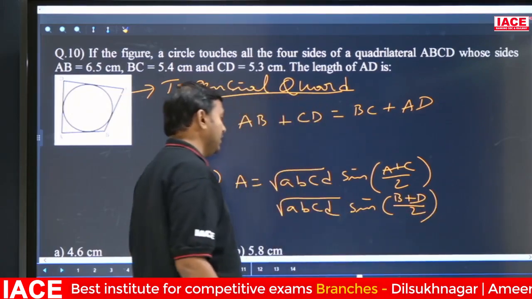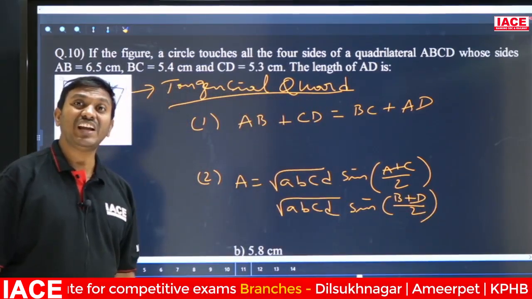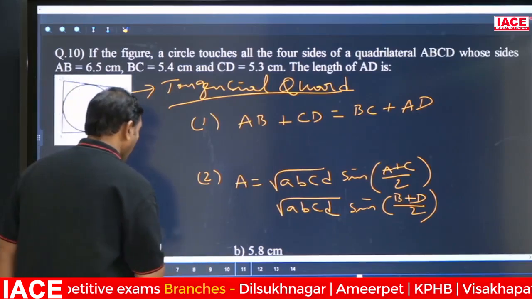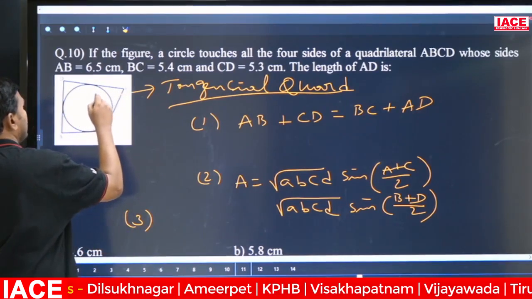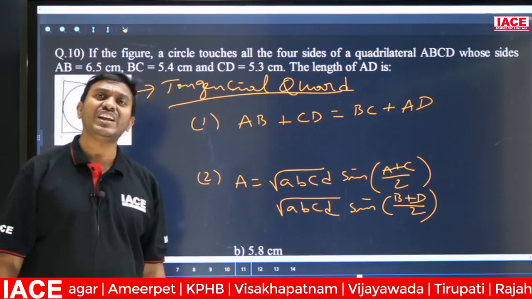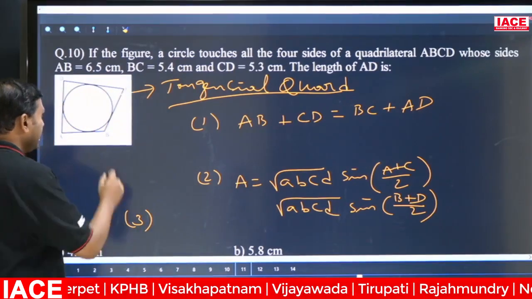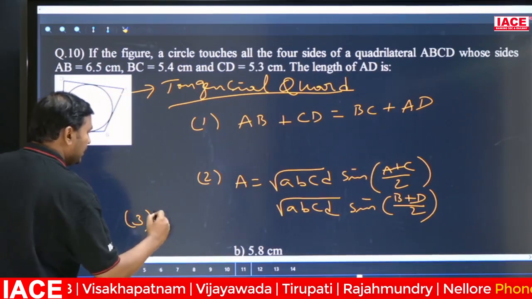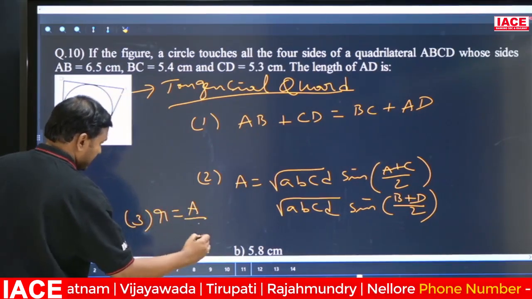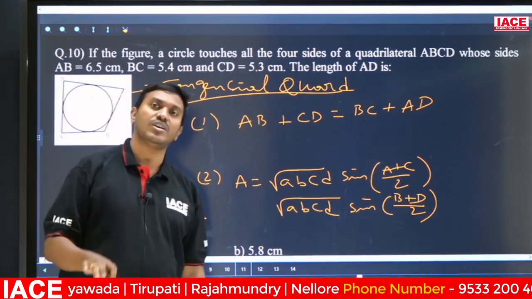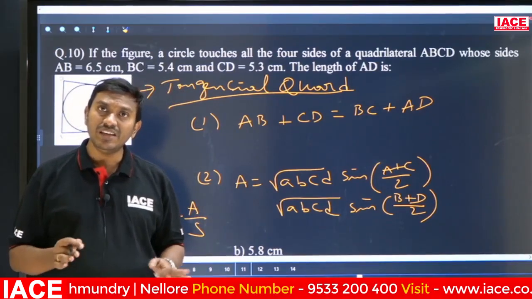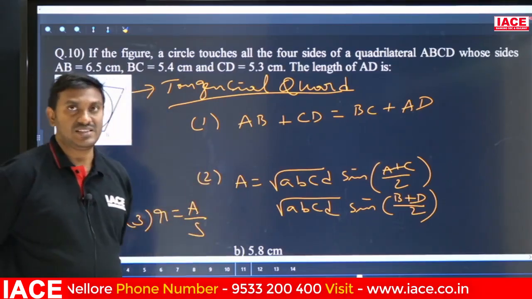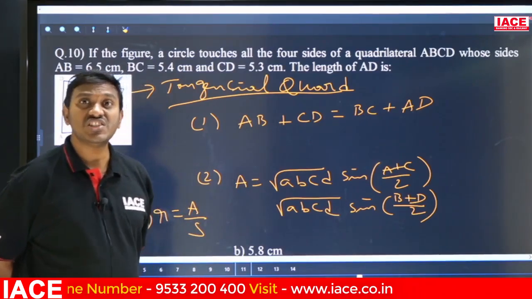This is another point we discussed. Third one, what is the inradius? That we also have to know. The inradius of a tangential quadrilateral is the same as in a triangle, always A by s, where A is the area and s is the semiperimeter. So these are the 3 points we discuss when a tangential quadrilateral is drawn.